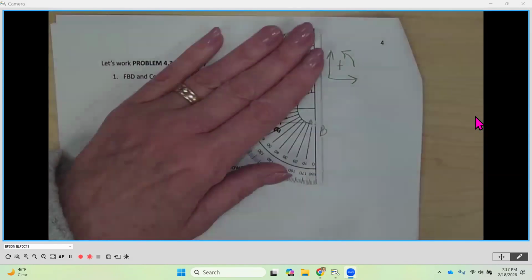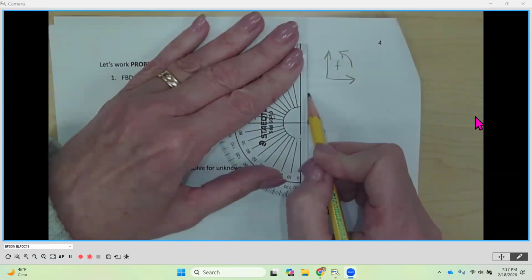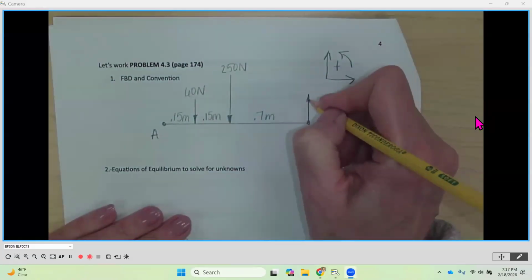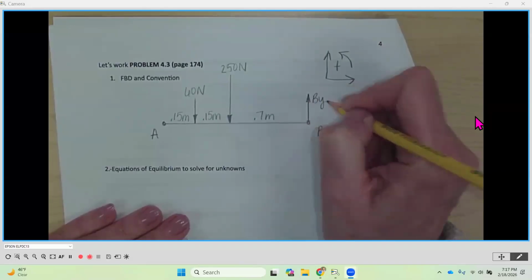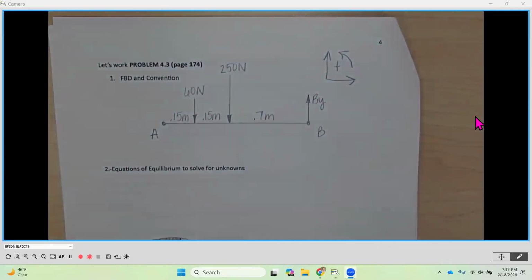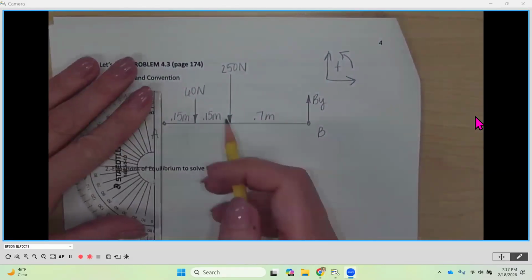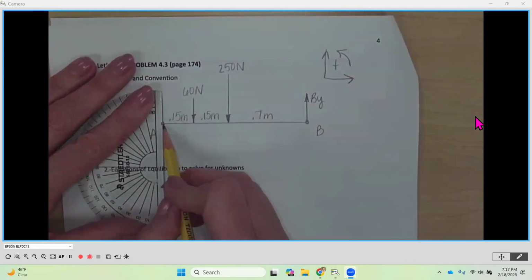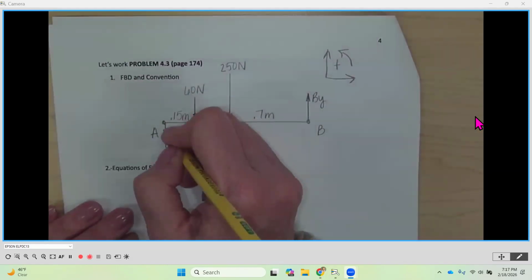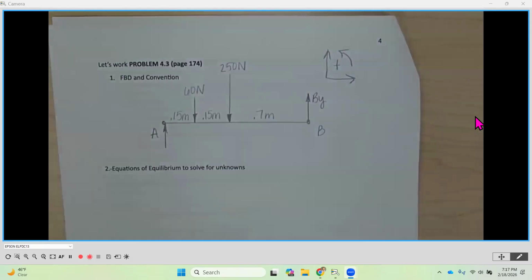So at B here, we're going to show this as BY. Again, Y just because it's going up. And then I'm going to show AY from the bottom up just because, to me, the wheel is on the bottom, it's hitting the ground, but you could put it going on the top side too.